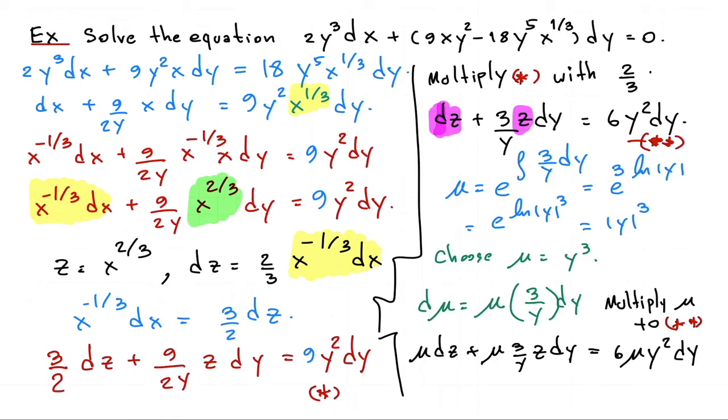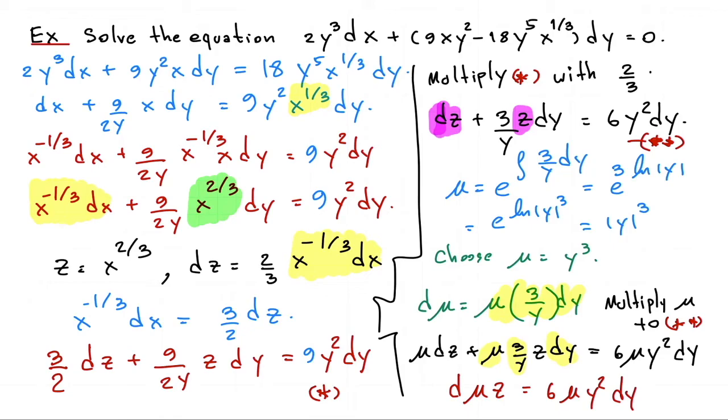But guys, again, we did this like 1,000 times already. Okay, I am exaggerating, but it's many times, okay? So it's mu, this and this, so this becomes d mu. So we have that this is actually d of mu z equals 6 mu y squared dy.